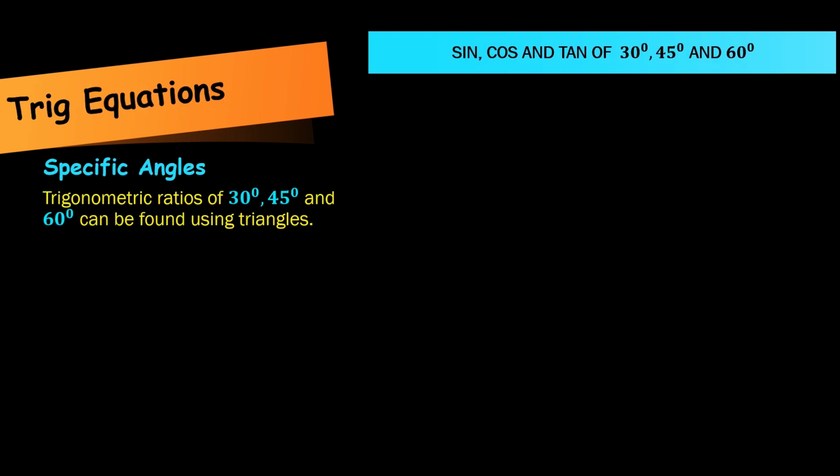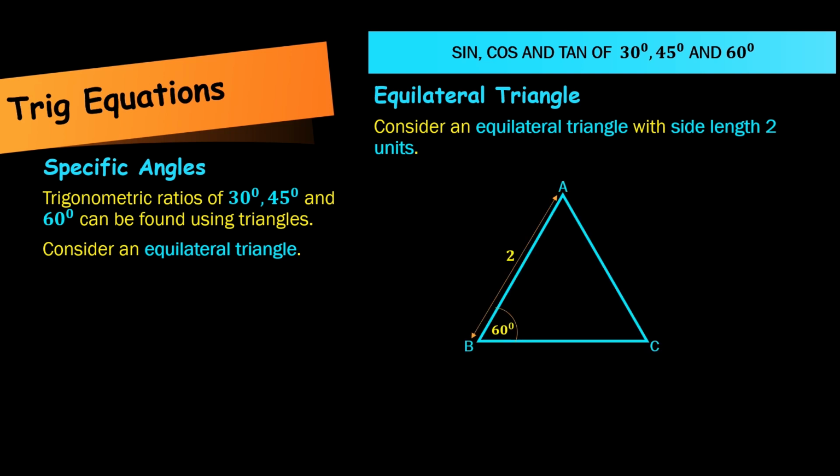Trigonometric ratios of 30, 45 and 60 degrees can be found using triangles. Consider an equilateral triangle with side length 2 units, as shown. Notice that the angle ABC is 60 degrees, and each of the angles in the triangle is also 60 degrees. A perpendicular meets BC from A at D, as shown.